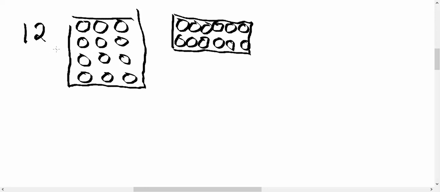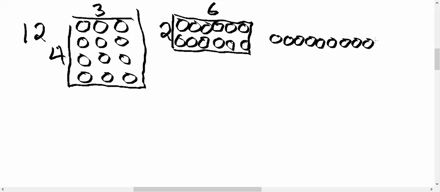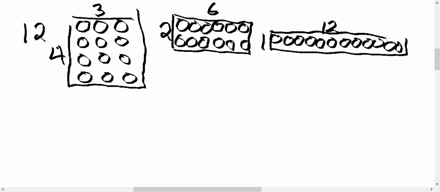And if you think about this, this kind of represents 4 times 3, and this kind of represents 2 times 6. Right? And of course, you could just lay them out flat. 1, 2, 3, 4, 5, 6, 7, 8, 9, 10, 11, 12, right? And this would kind of represent 1 times 12. Okay, so these are all kind of rectangles. You could form these little dots in rectangles.